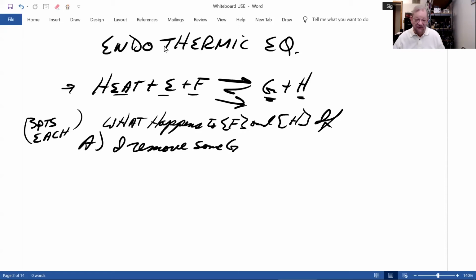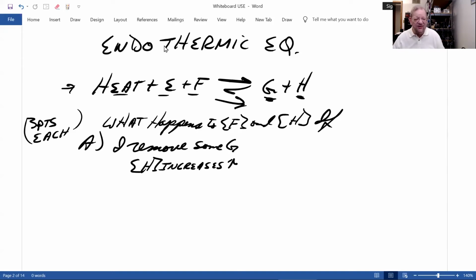If we make more G, we also make more H. For a second I thought I had it backwards, but I didn't. And if you make more of something, the amount you have increases, goes up.